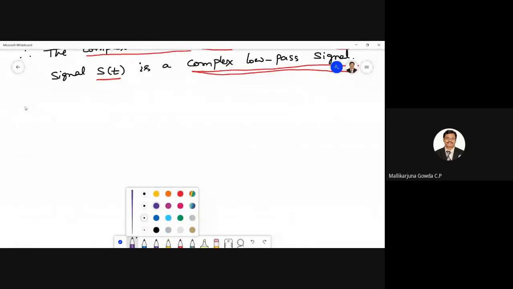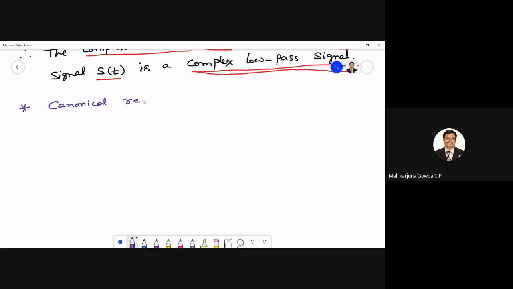So the next topic is canonical representation of bandpass signals.